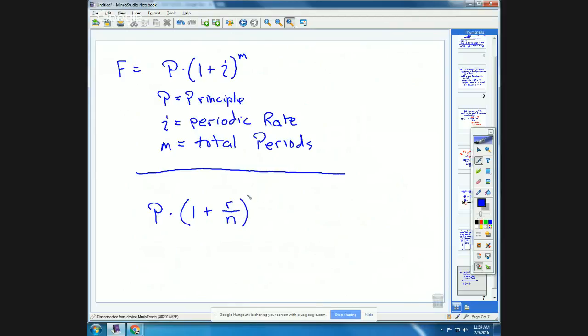And then the power would be the number of periods per year times the number of years. So these are basically the same formula, slightly different ways of looking at it. R here would be an APR. N here is the periods in a year. Monthly would be 12, yearly would be 365, and T is the number of years that have elapsed.